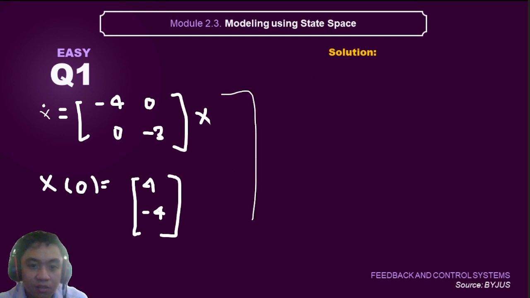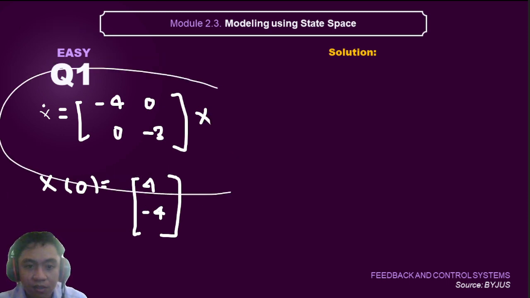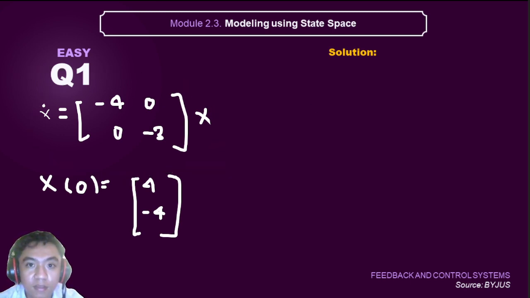To solve for the zero input response of the system, we essentially just try to get the resolvent matrix of the state vector.